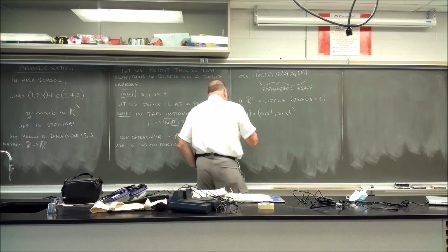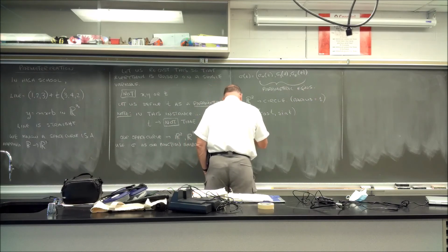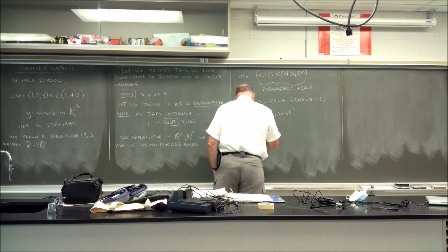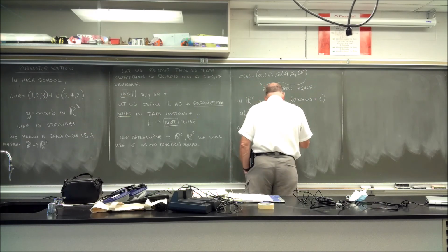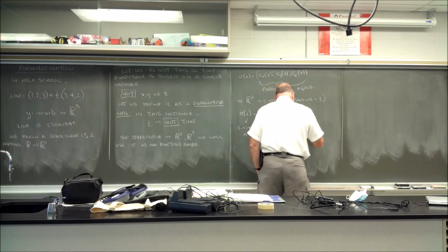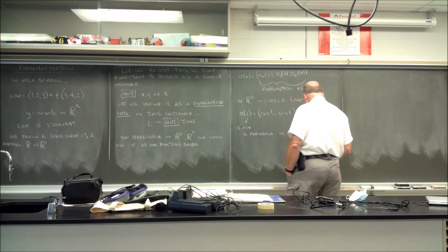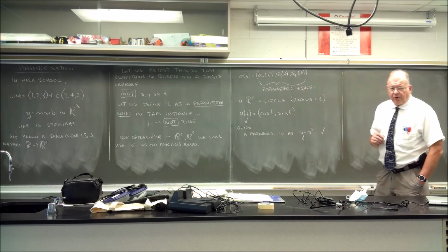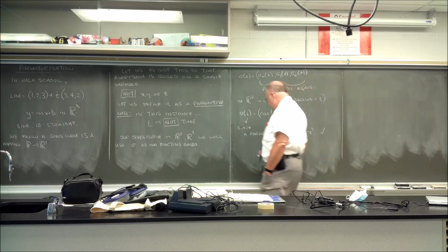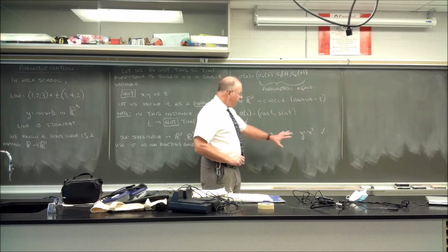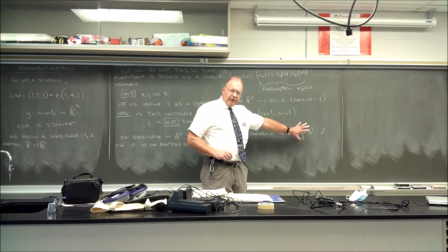We can do it with a parabola, which is probably more use to the students. In high school, you'll see y is equal to x squared. That's how you've always seen a parabola. But in parameterization, this doesn't help us very much with what we're trying to do here.